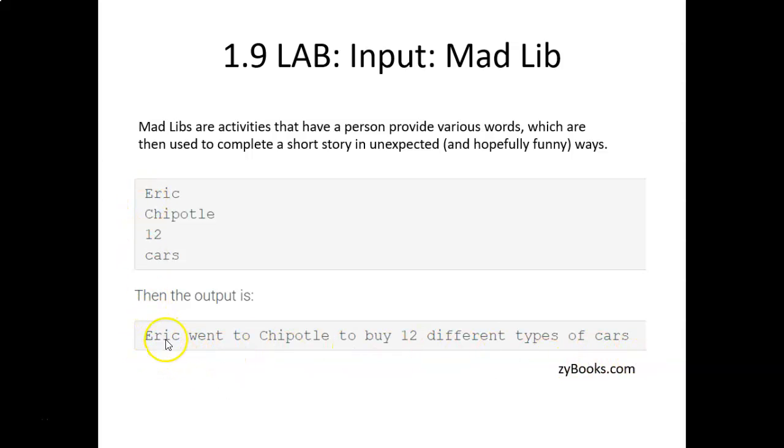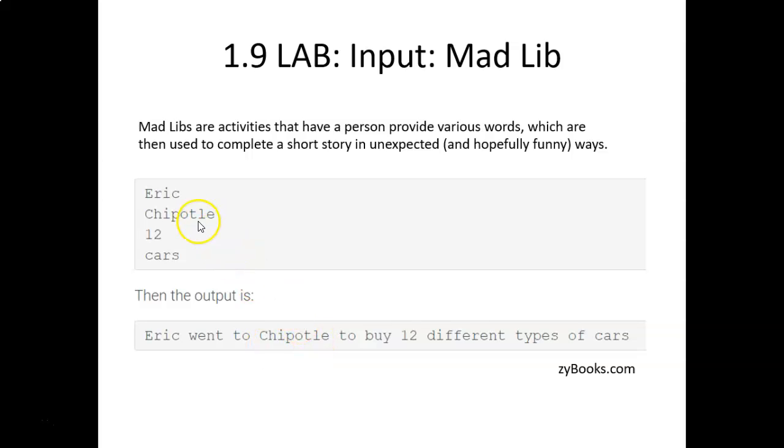So we'll have: Eric went to Chipotle to buy 12 different types of cars. If you look at this carefully, you get a hint here that these values are going to be put in variables and saved to be used in the print statement, and that we have some string values here. "Went to" we weren't given in an input statement, so it's a string that we're going to print.